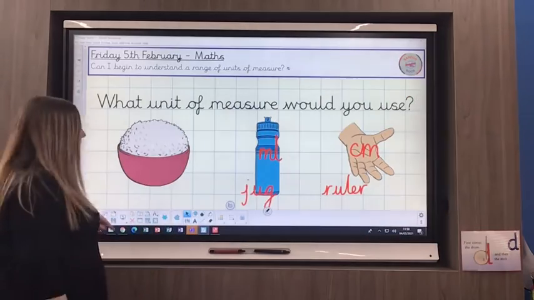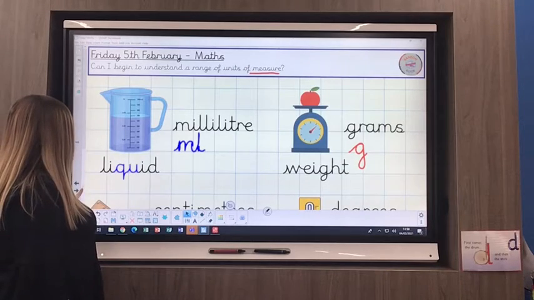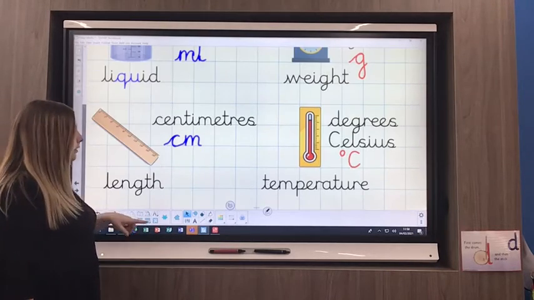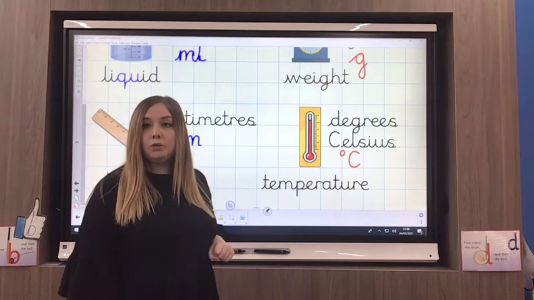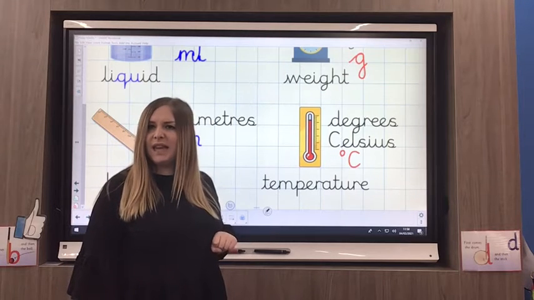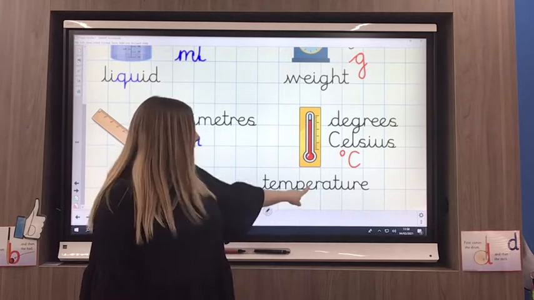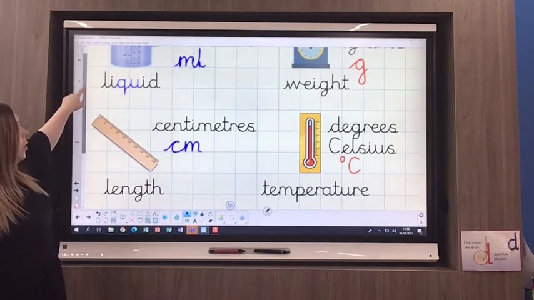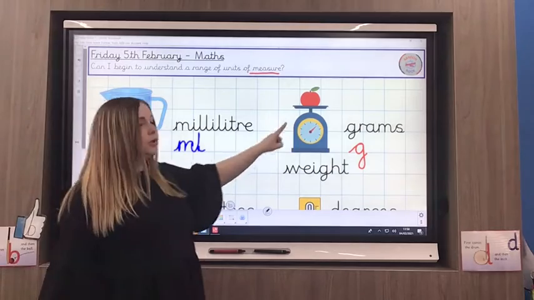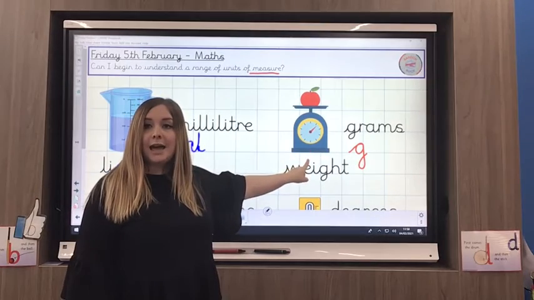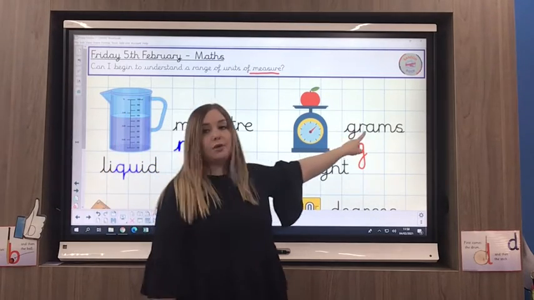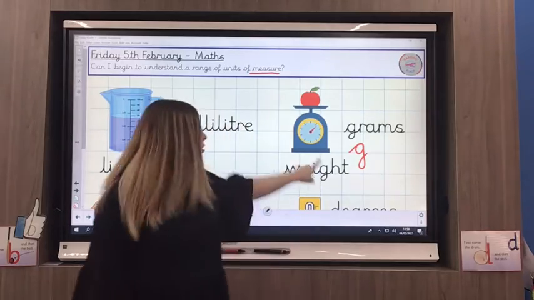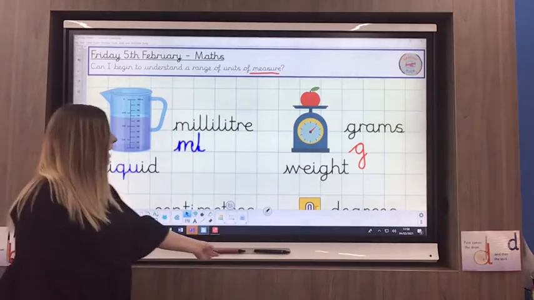Would I use a thermometer to tell me how heavy it was? That says that we use it for temperature, so that wouldn't help me. Or would I use some scales and measure it in grams? Okay, so I'd do it using this, wouldn't I?